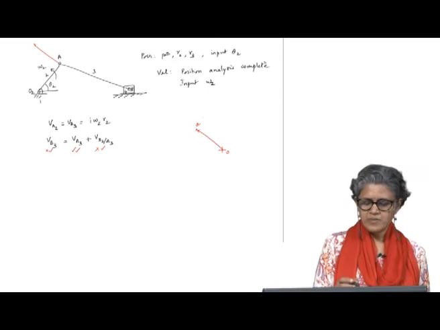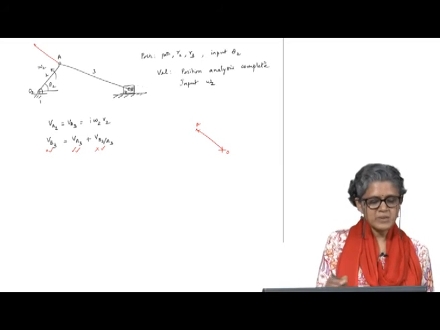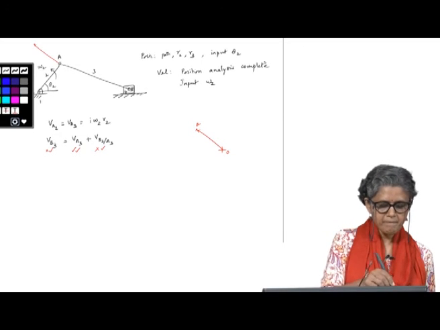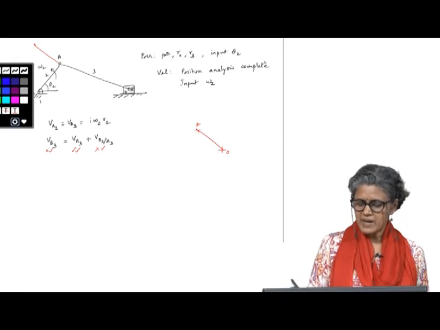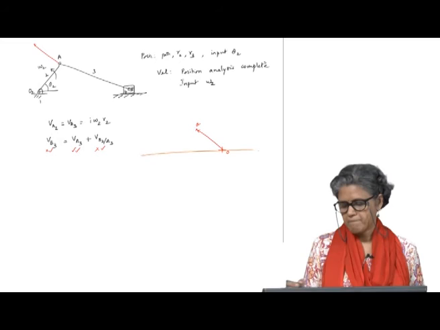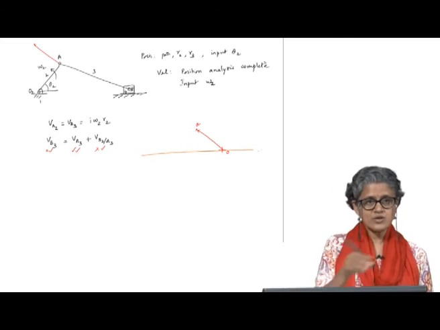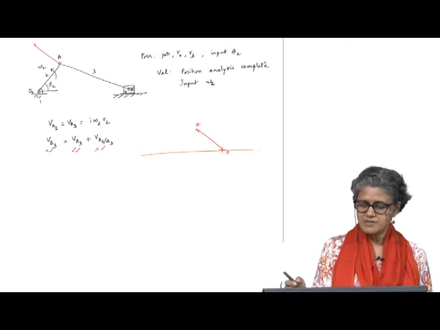Then I know the velocity of B: I do not know the magnitude, but I know the direction is along the path, because it can only move along that direction.